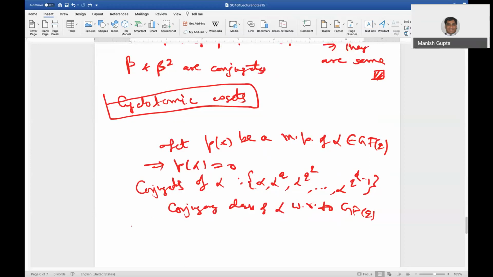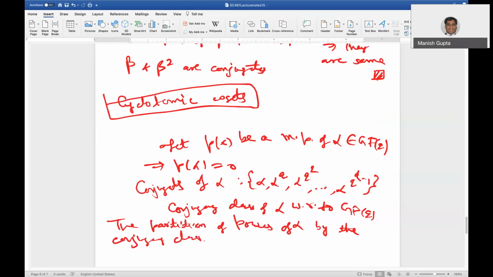So the partition of powers of alpha by the conjugacy classes is called the set of cyclotomic cosets. Cyclotomic means circle cutting.